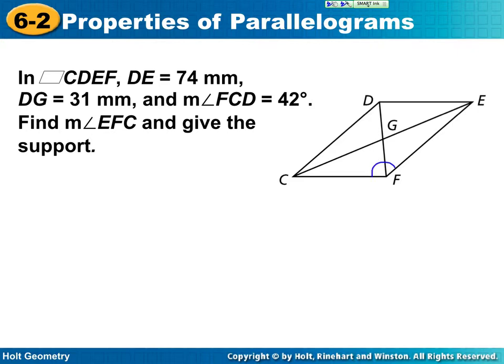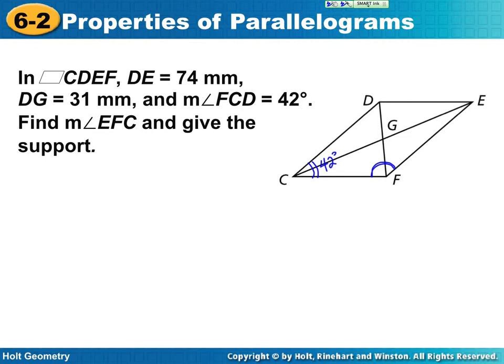EFC is this whole angle. Let's see what other angles are given. What angle do we know? FCD. This whole angle is 42 degrees. This would be the next angle around the parallelogram.